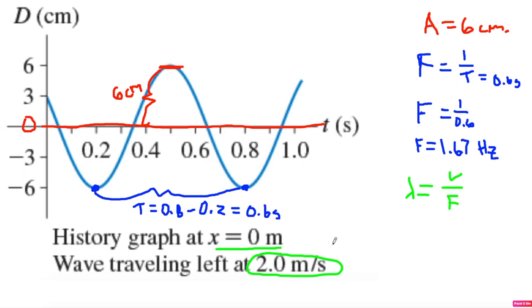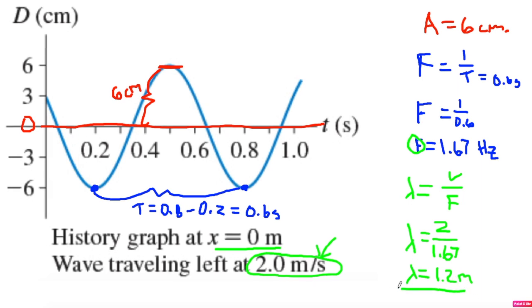So we have velocity right there, we have frequency right here, so we can put those together in the equation to solve for our wavelength. So lambda equals 2 over 1.67, which is equal to about 1.2 meters. Therefore, we know wavelength equals 1.2 meters.